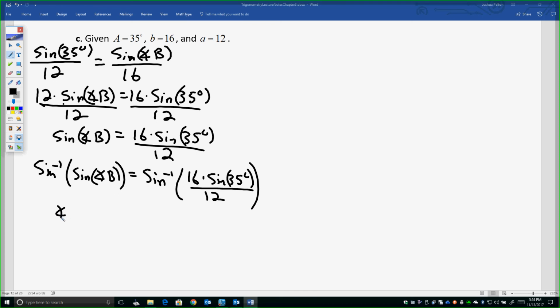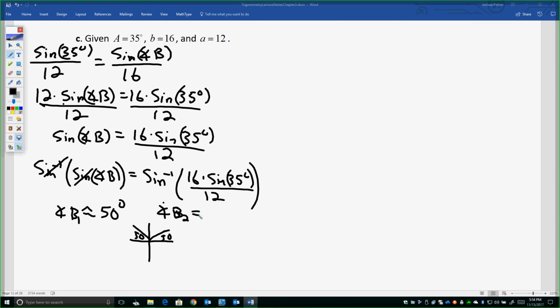So therefore, angle B is approximately, you type that into your calculator, about 50 degrees. We're going to round it this time just to make it easy. If you do your unit circle, you get 50 in this quadrant and 50 in this quadrant for sine, which means that's B1 and B2.